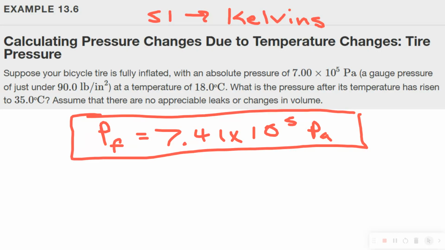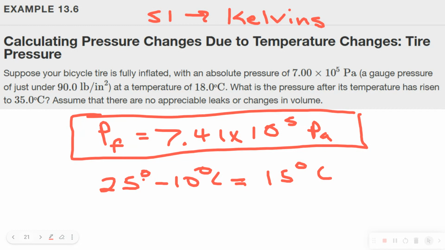Like the assignments that you did the other day, you could leave it as Celsius because, I'll give you an example. If you say 25 degrees Celsius minus 10 degrees Celsius, well, that's just going to be a difference of 15 degrees Celsius, right? So that's all Celsius stuff. But now, if you convert that, what's 273 plus 25?